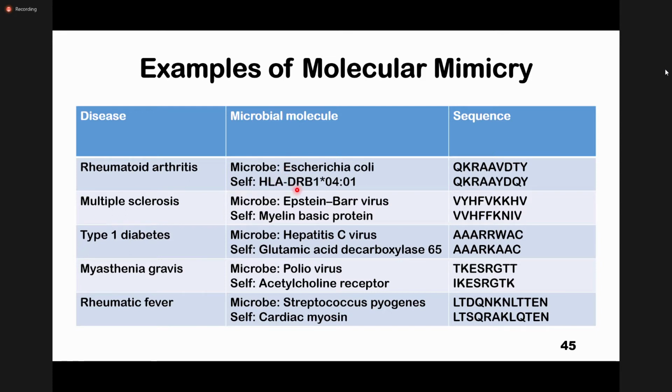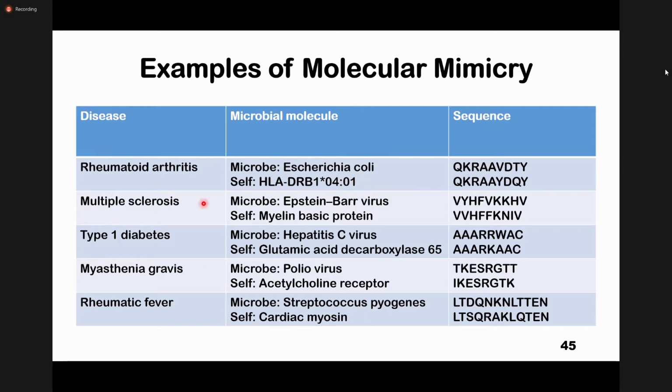When you look into the sequence of these two, the E. coli sequence and our human self sequence, they are so similar in the amino acids. So this is what I'm talking about. When there is infection from E. coli, it will mimic, like, oh, it looks like my own self, and it will cause the autoimmune disease.